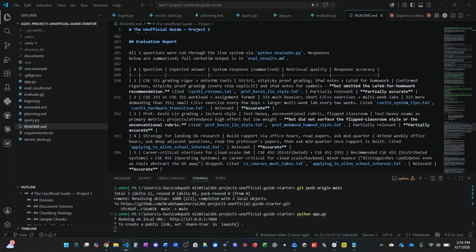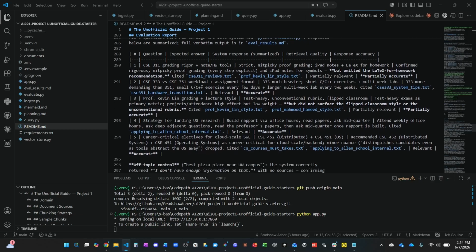So this is my evaluation report for 5 questions that I ran on the model. Three came back fully accurate, which are question 2, question 4, and question 5. That was about CS 333 versus 351, the undergraduate research strategy question, and the career critical electives for cloud scale software engineering.